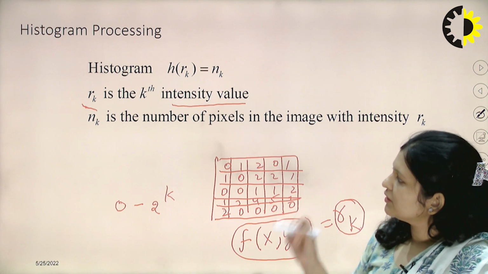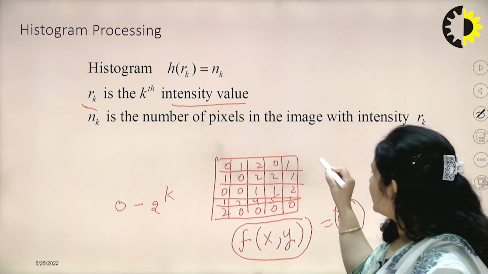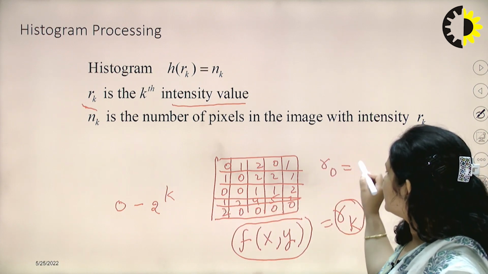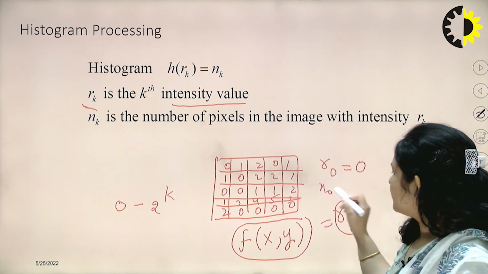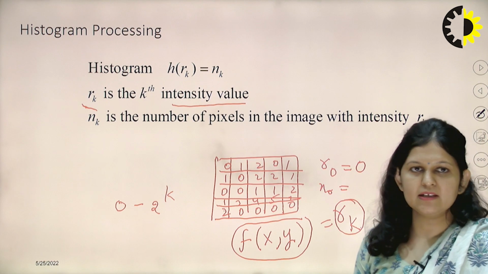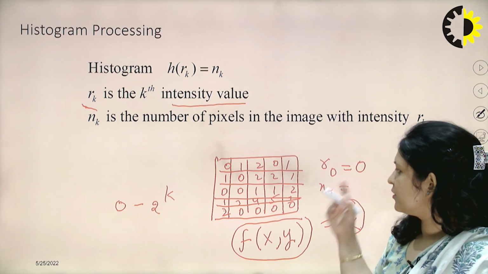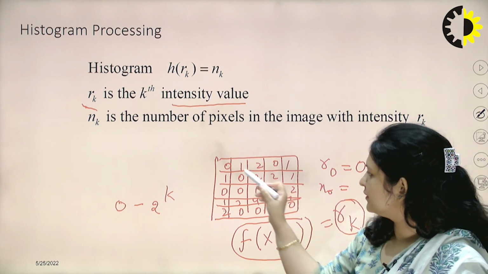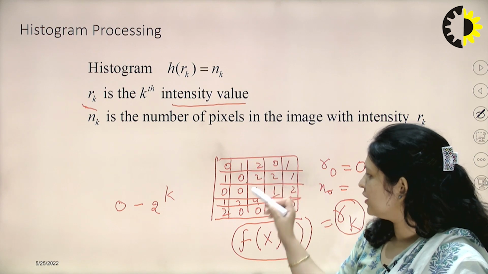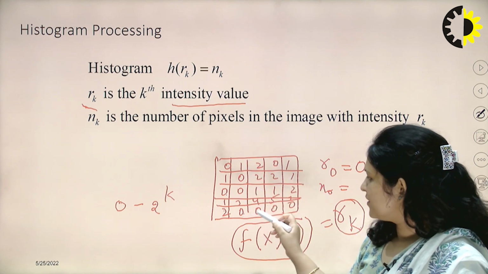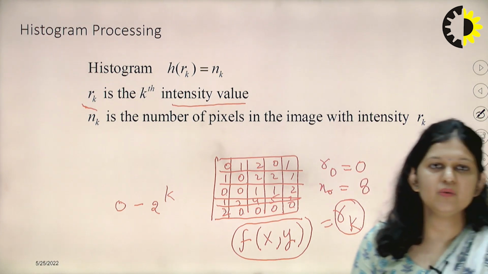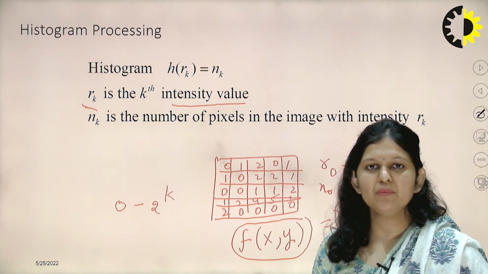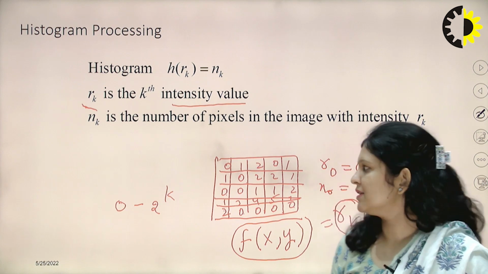For r_k, the kth intensity value, r_0 is the value 0. Now n_k, that is n_0, is the number of pixels having the 0 intensity value. Counting them, the number of pixels is 8, so n_0 takes the value 8.